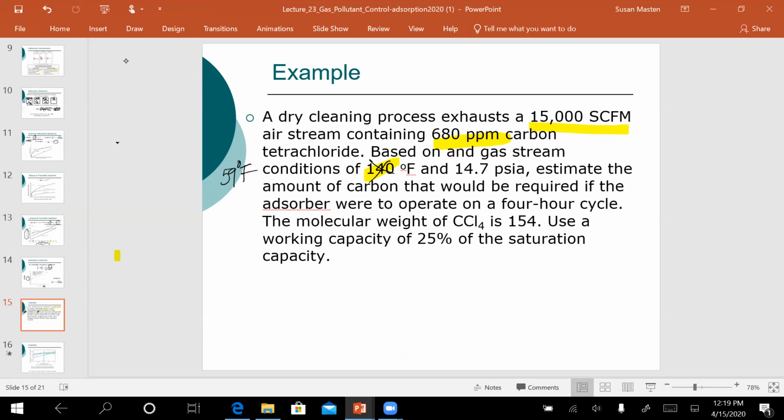The molecular weight of carbon tetrachloride, like I said, PERC, it's carbon tetrachloride. It's not the same thing. So we're looking at carbon tetrachloride, and we're going to use a working capacity of 25% of the saturation capacity. So we're assuming that the actual capacity we're going to operate at is 25% of the saturation capacity.